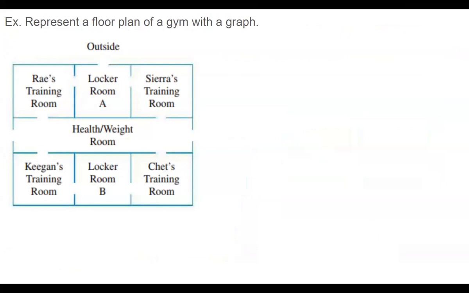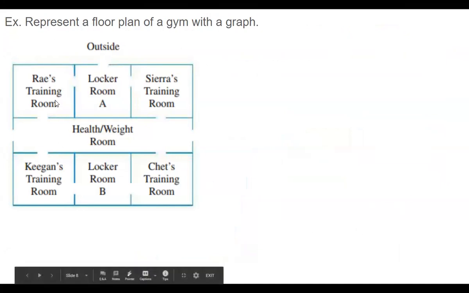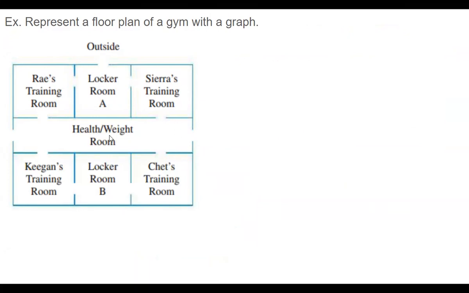Okay, you can also represent a floor plan as a graph. So this is one gym. This gym's floor plan is like this: Ray's training room, locker room A, Sierra's training room, and in the middle there's a health slash weight room, Keegan's training room, locker room B, Chad's training room.